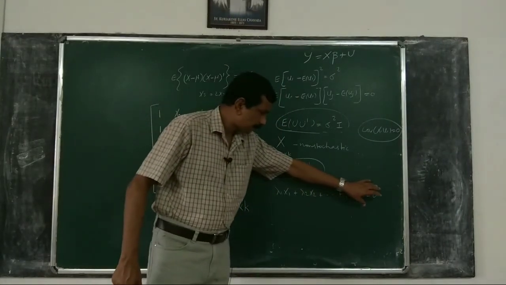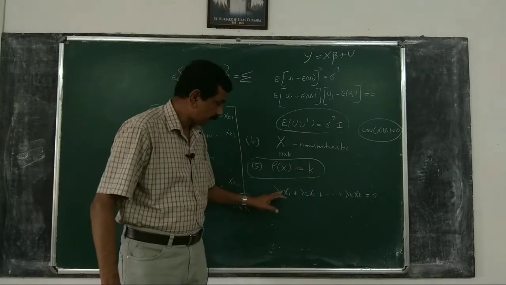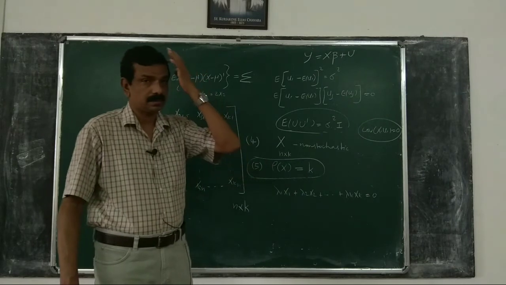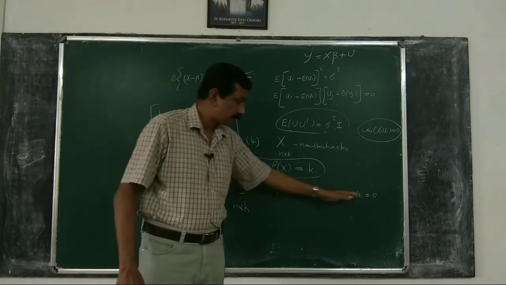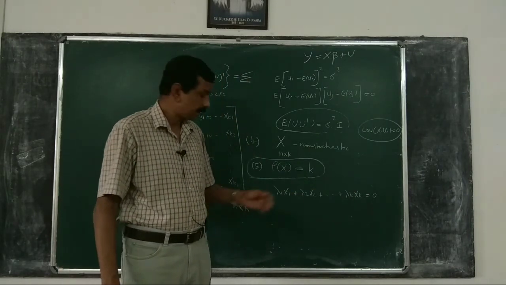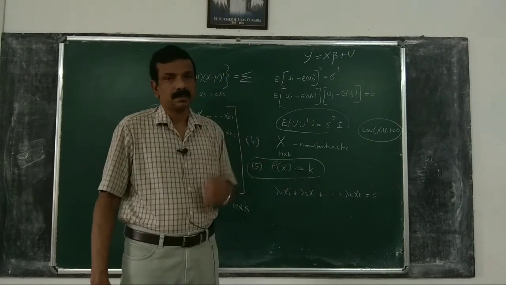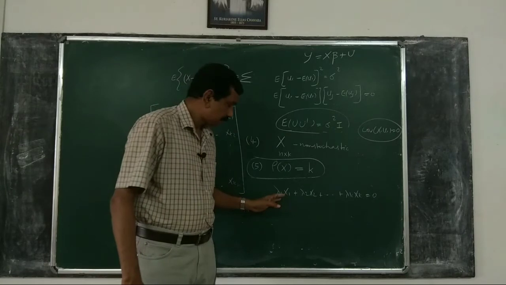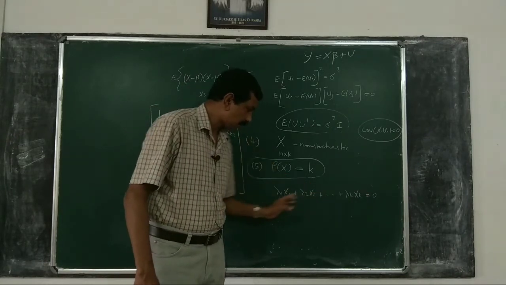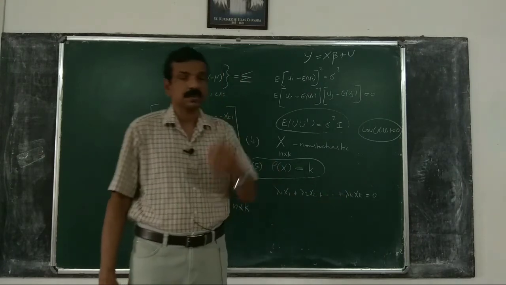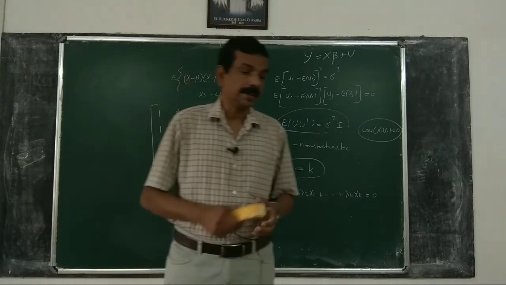If this condition is satisfied when lambda 1, lambda 2, etc., lambda k are not simultaneously equal to 0, there is perfect collinearity, so that one x can be written as a linear combination of other x. And if this is equal to 0 only when lambda 1 is equal to lambda 2 is equal to etc. lambda k is equal to 0, there is no collinearity.